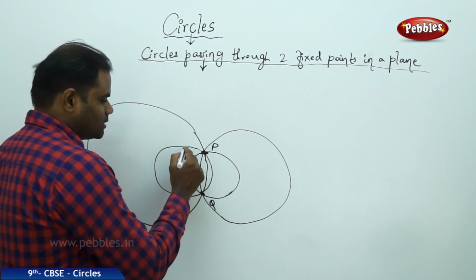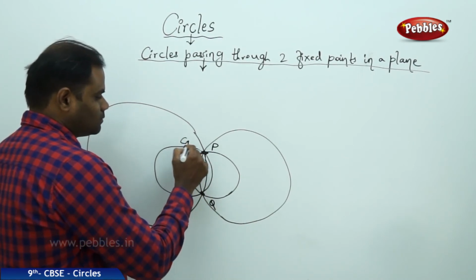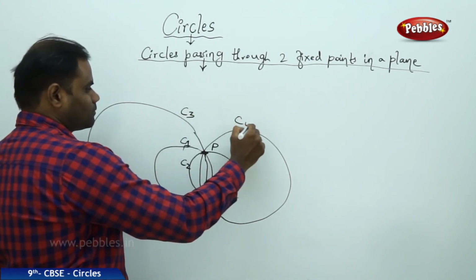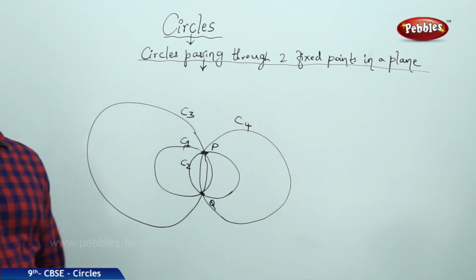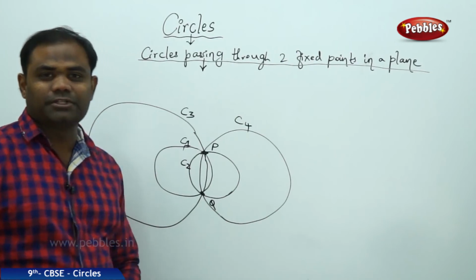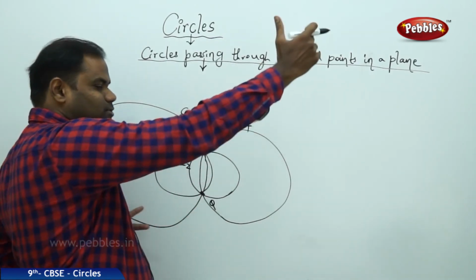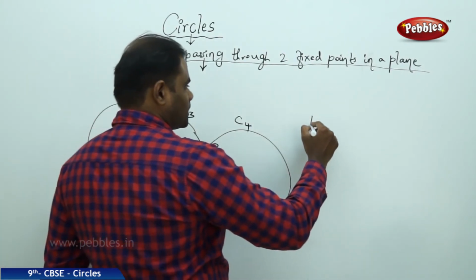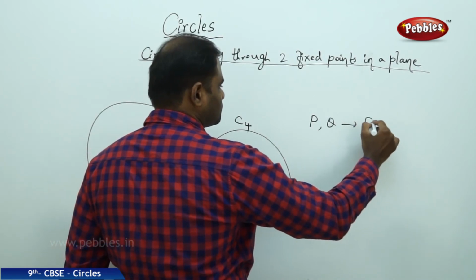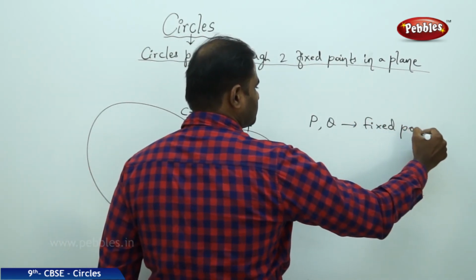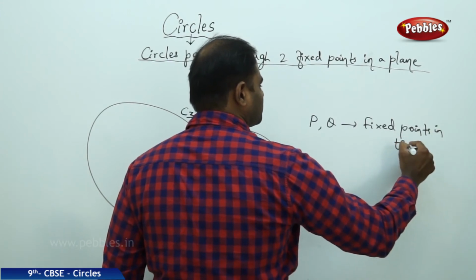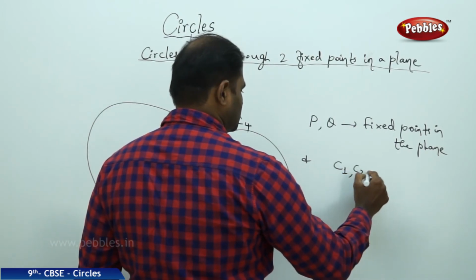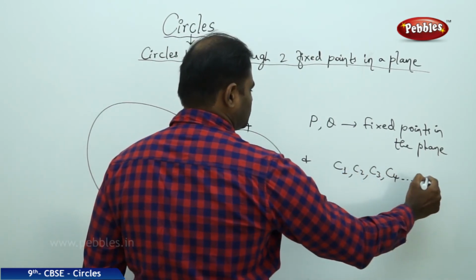This is circle 1, this is circle 2, circle 3, circle 4, etc. So like this we can draw with different curvature or radius of curvature the different sets of sizes of circles, but passing through the fixed points P and Q. So here P, Q are fixed points in the plane, and C1, C2, C3, C4, etc.